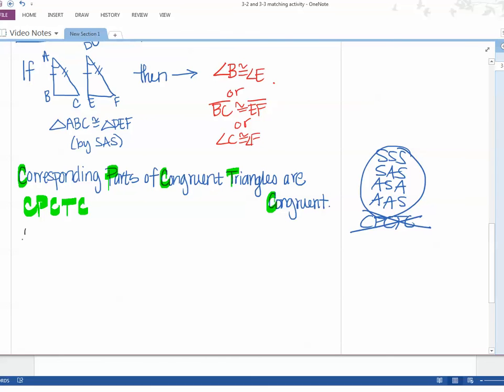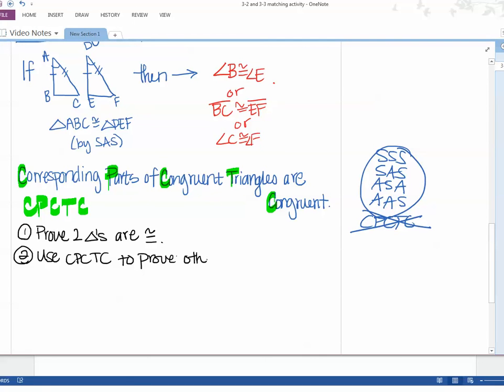So how it's used, when you use it, the first thing you want to do is prove two triangles are congruent. After you have proven that two triangles are congruent, then step 2, use CPCTC to prove other corresponding parts are congruent in the triangles.